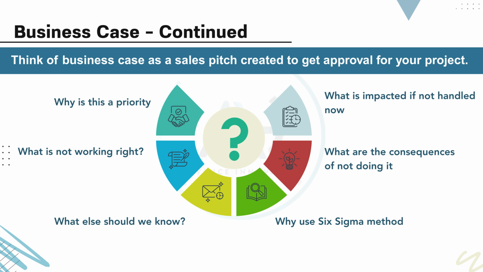Next, consider, what is impacted if it's not handled now? This could include productivity, customer satisfaction, or financial losses. Also, address, what are the consequences of not doing it? Be specific about potential risks, delays, or missed opportunities. Don't forget, why use the Six Sigma method?